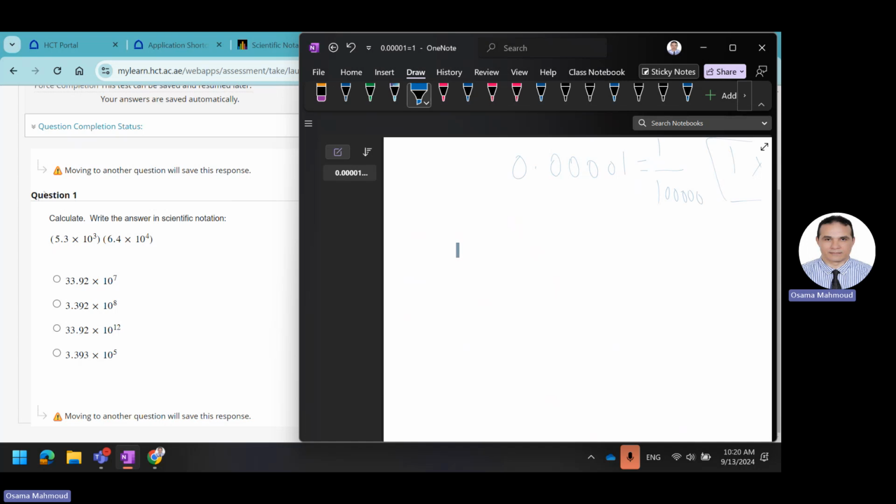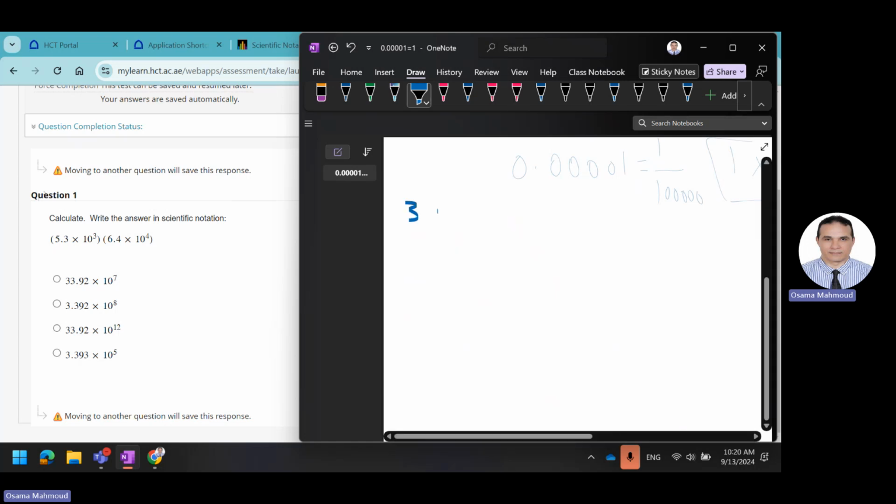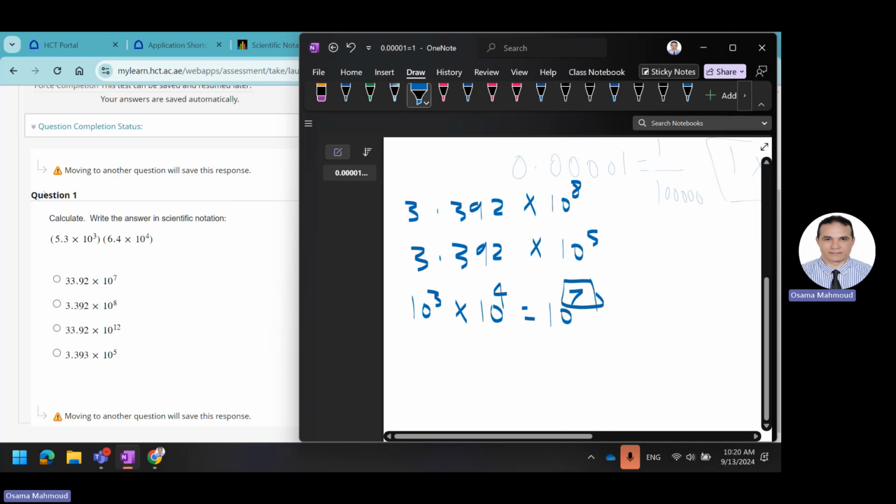So you are between 3.392 times 10 to the power 8 and the other one the same here times 10 to the 5. So which one are you going to go for? Without thinking, I have 10 to the power 3 multiplied by 10 to the power 4, I will have 10 to the power 7. Okay? So in this case, I should have a power bigger than 7. So the right choice is this one. Okay?